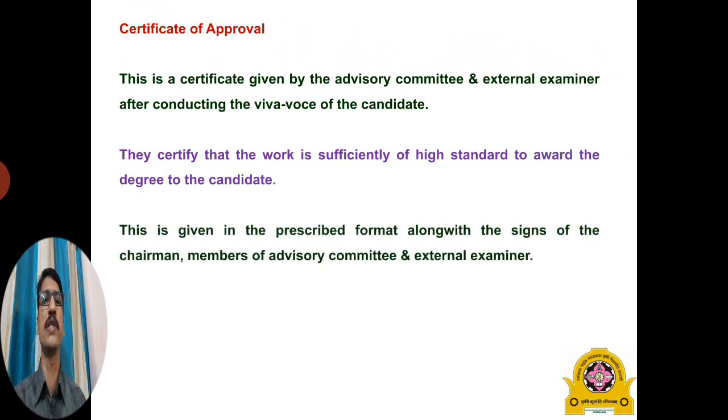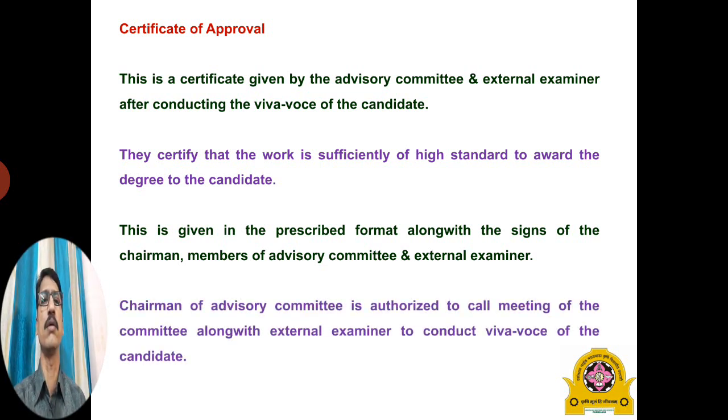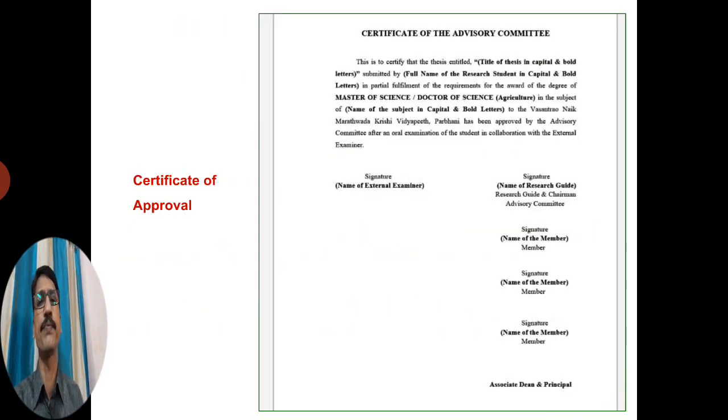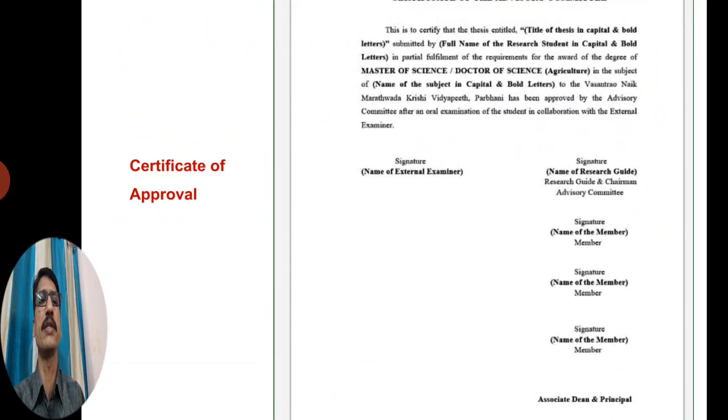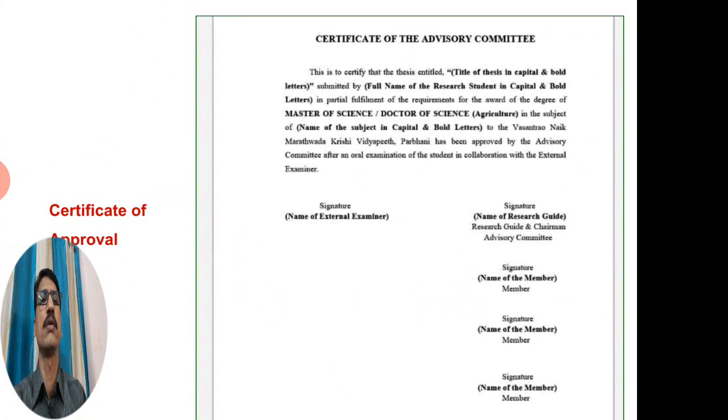This is given in the prescribed format along with the signature of the chairman, means the research guide, the members of the advisory committee, and the external examiner. The chairman, means the research guide, is authorized to call a meeting of the committee along with the external examiner to conduct the viva voce of the candidate. Then this is the format or the matter in the certificate.